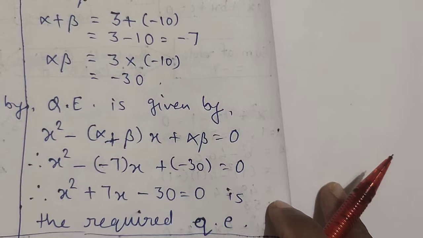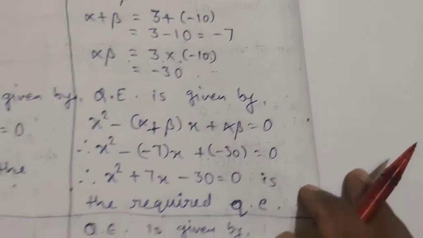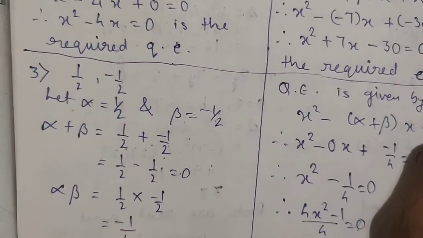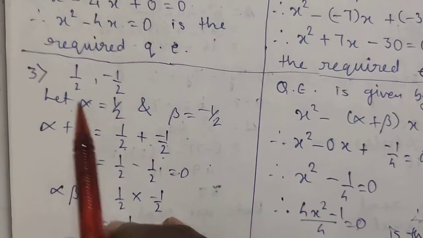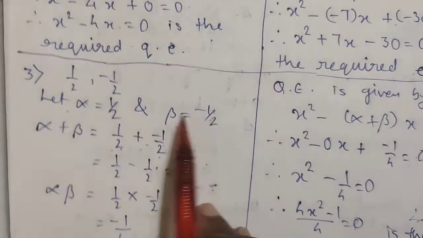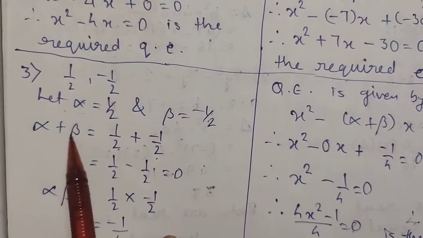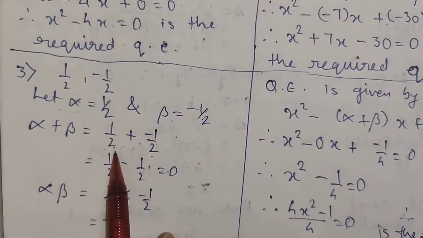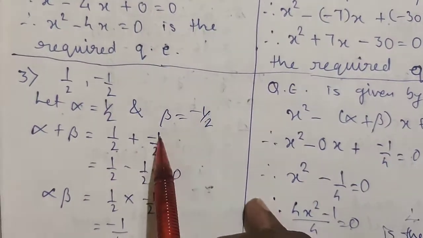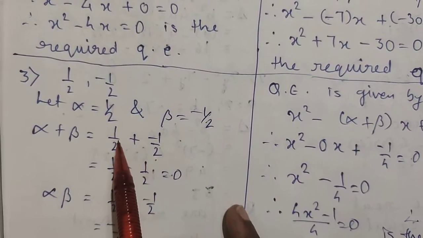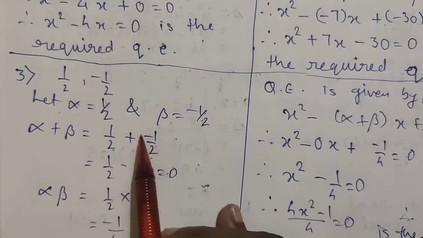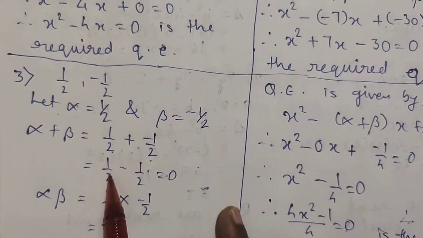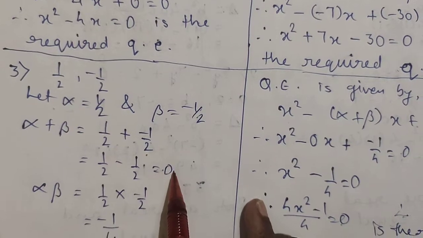In this way I have solved the second one. Now see the third one. In the third one your alpha is half and beta is minus half. If you do alpha plus beta, alpha is half, plus beta is minus half. Half plus minus becomes minus, so half minus half is 0.